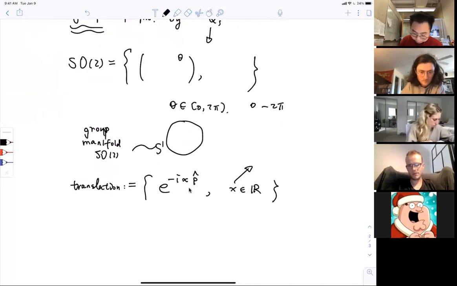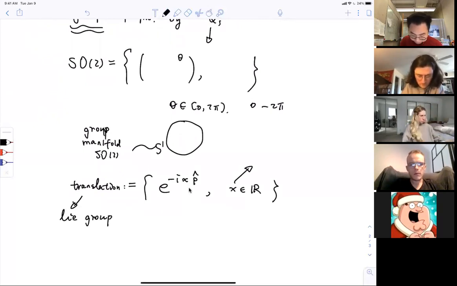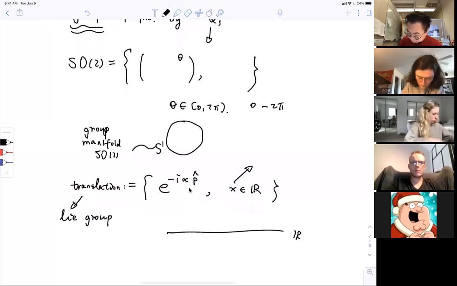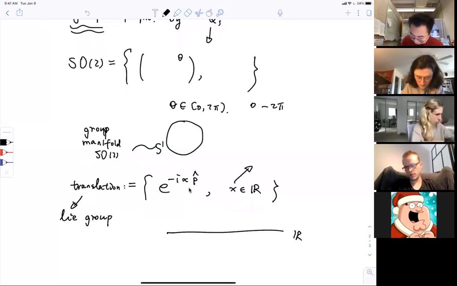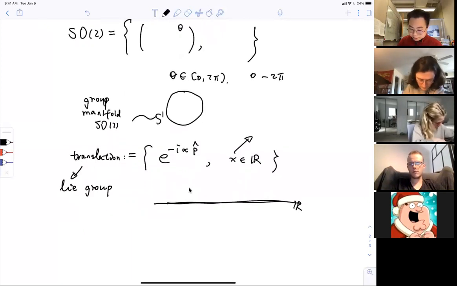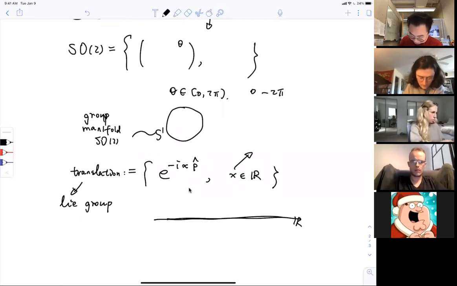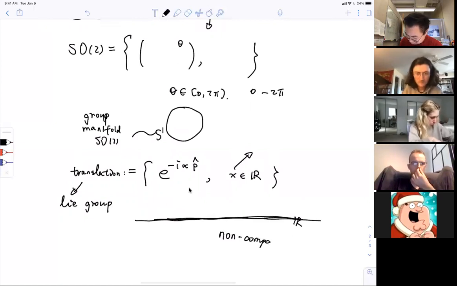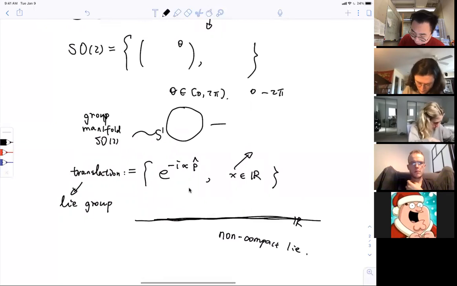So this is also a Lie group, and the parameter space in this case is the real axis. So we say the manifold of this group is just the real line. There you can see a difference. This one is not bounded, so we call it a non-compact Lie group. And this one is bounded and closed, so we say it's a compact Lie group.